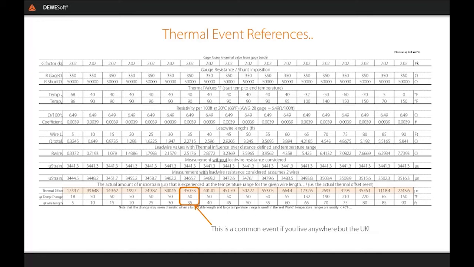The one highlighted section really puts the purpose of sharing this into context, since it's something that can happen frequently. I've even seen it here in the US, and I live in Michigan. The example is a 50-degree Fahrenheit temperature change, and it could amount to a 350 microstrain offset, assuming your cables were 35 foot long.